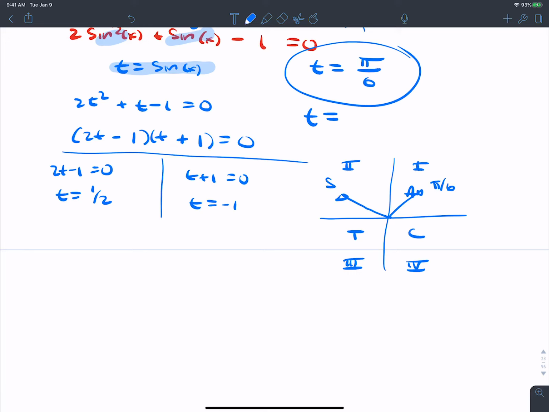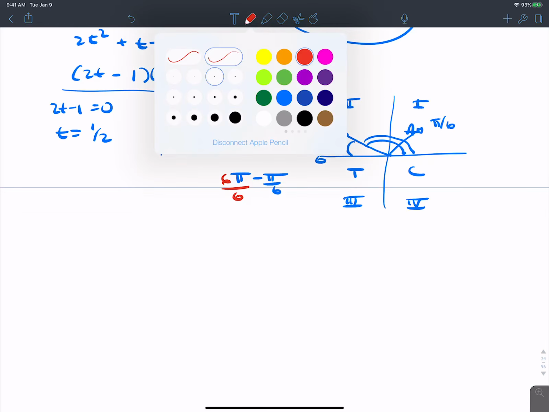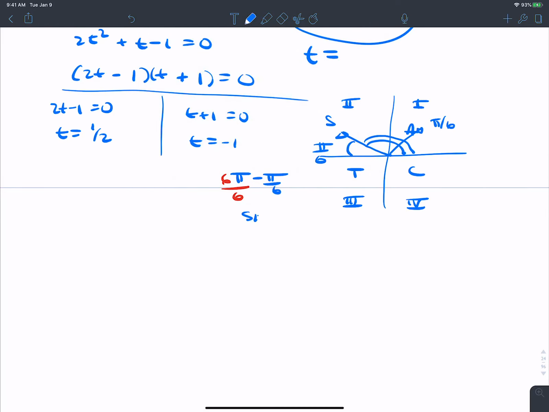That means my reference angle here is pi over 6, right? So for the second solution, this angle here is what we're trying to find. Do you guys remember how to find that? It'll be pi minus pi over 6, which is 6 pi over 6 minus pi over 6, which gives you 5 pi over 6.